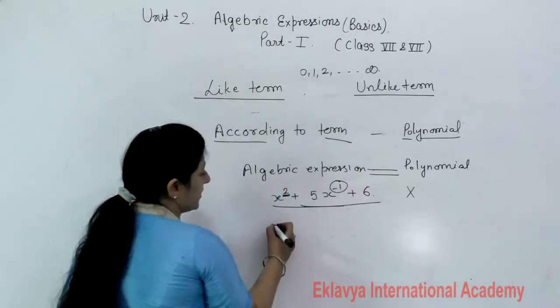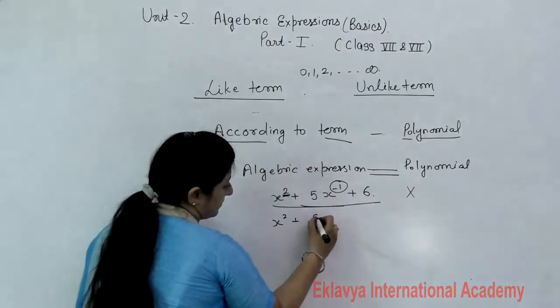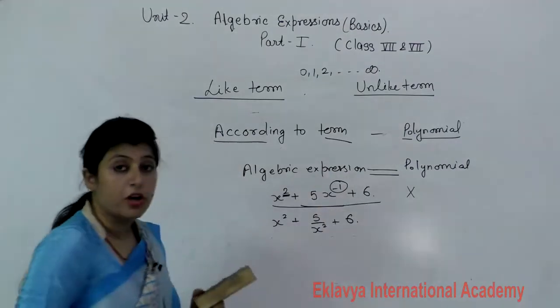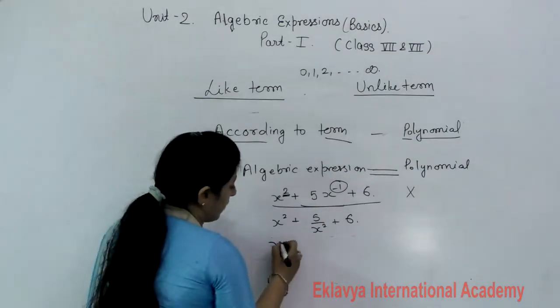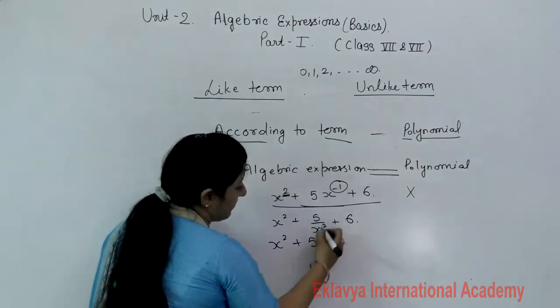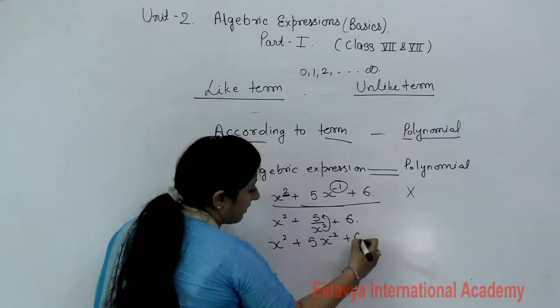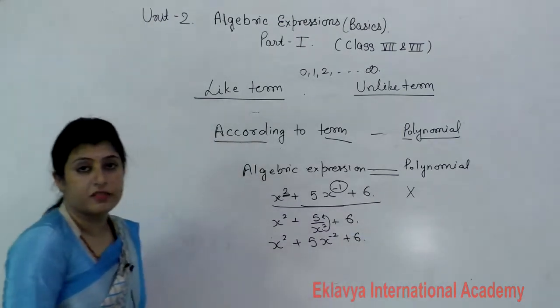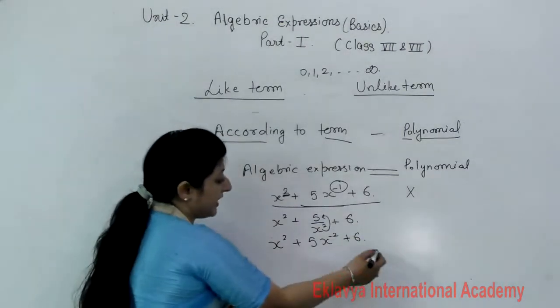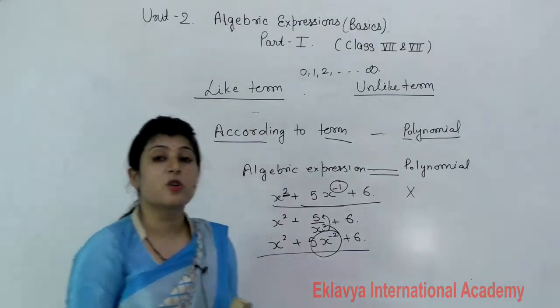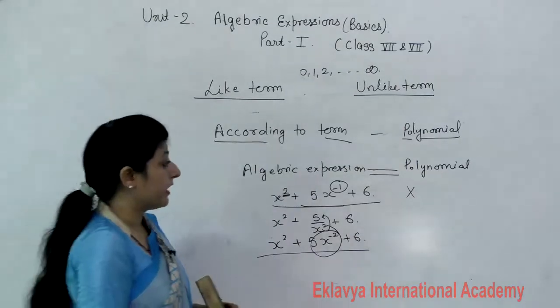Suppose I write down this, then is it a polynomial? Solve it. x square plus 5. When you take it into the numerator, the power becomes negative. So can we say this is a polynomial? No, it is not a polynomial.